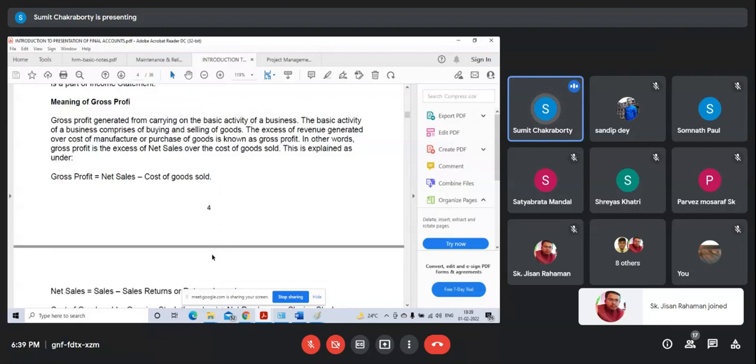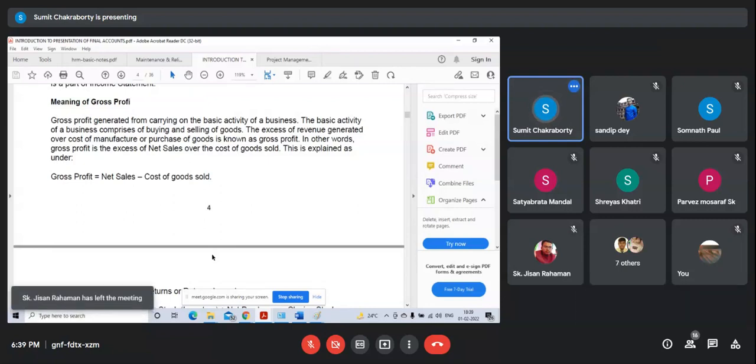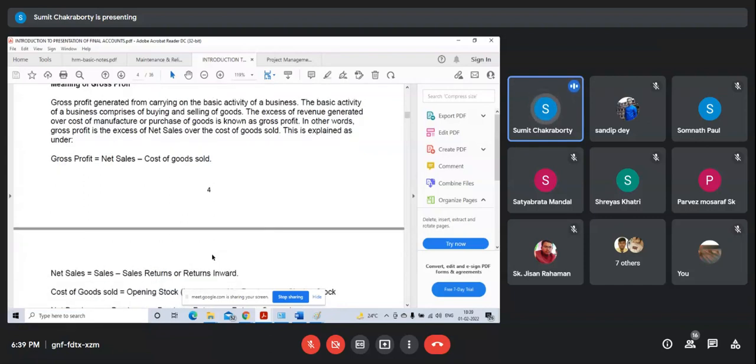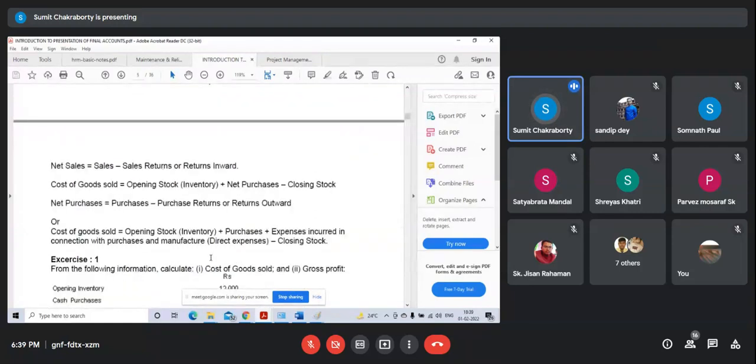In other words, gross profit is the excess of net sales over cost of goods sold. So gross profit equals net sales minus cost of goods sold. Net sales equals sales minus sales returns or returns inward. And cost of goods sold equals opening inventory plus net purchases minus closing stock or closing inventory.